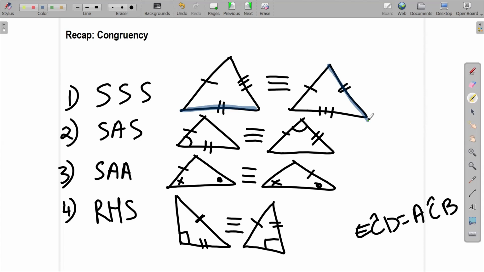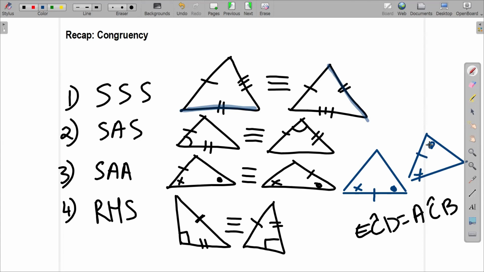Maybe I should explain what I mean by it does not really matter. You can have a situation like this, where you have an angle there, a side there, and an angle there in one triangle. And then you have that in another triangle. So you see that's what I mean.